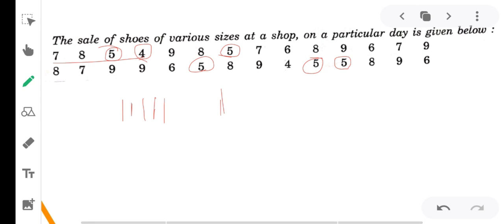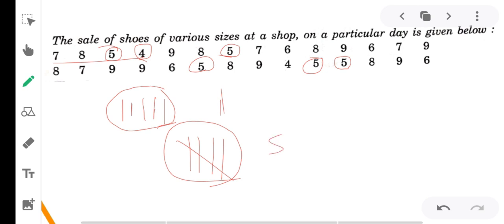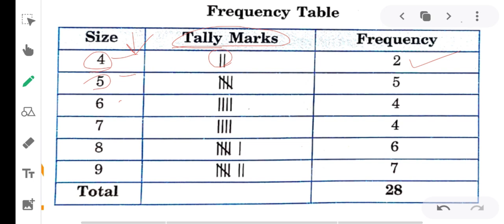Instead of showing the number 5 in this form, we represent 5 in this manner, which indicates the number 5. So the frequency of 5 is 5. Then the frequency of 6 is 4, and so on. That is known as the frequency distribution table.